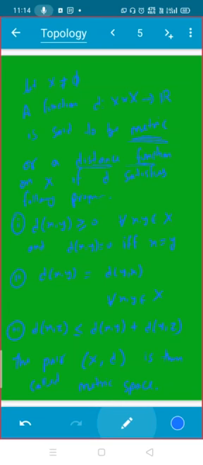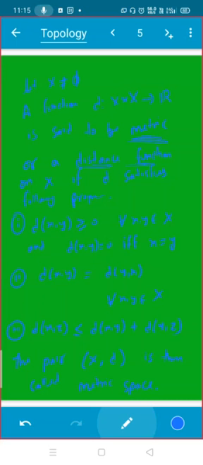Why is it called a metric space? Because I'm having a set, and there is a function defined on that set, and that function satisfies some properties. So if there is any set you are given, and any function, and it satisfies all these three properties, I can call that set a metric space.